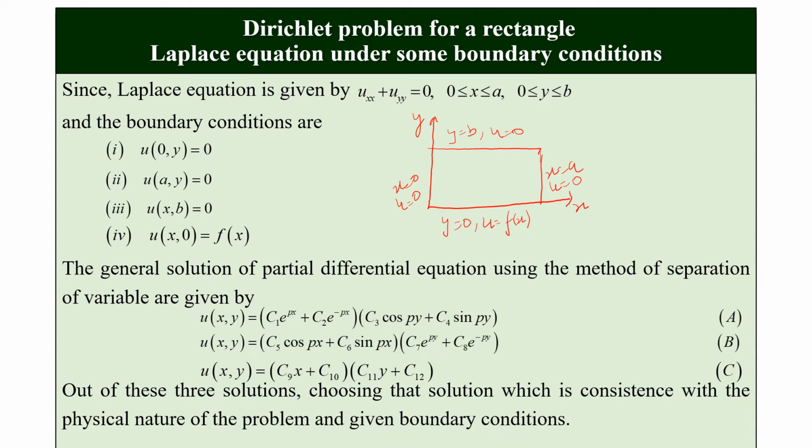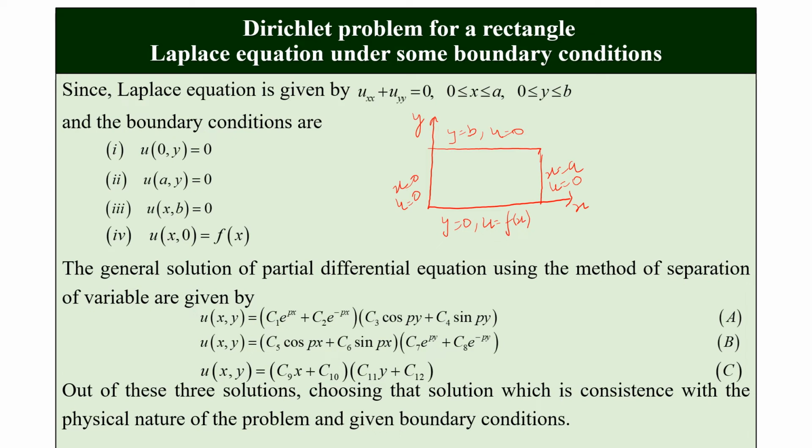First of all, we consider the first solution, which is given by equation A. In this solution we use the first boundary condition, u(0, y) = 0, that is, when x is equal to 0 the value of function u is equal to 0. If we substitute x equal to 0 in equation A, the left hand side is 0. The right hand side is c1 e^0, which is equal to 1, plus c2 e^0, again equal to 1, times (c3 cos py + c4 sin py).